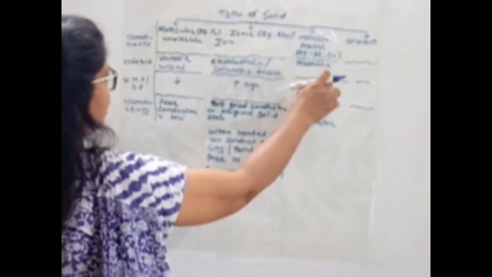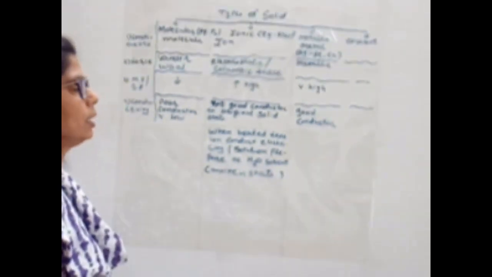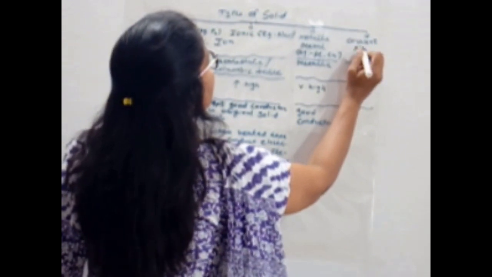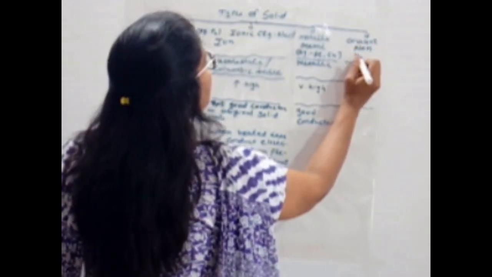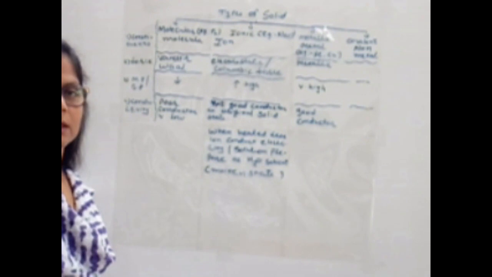Now the last one is the covalent solid. Generally covalent solid is found in non-metal. Here the constituent particle is a non-metal.